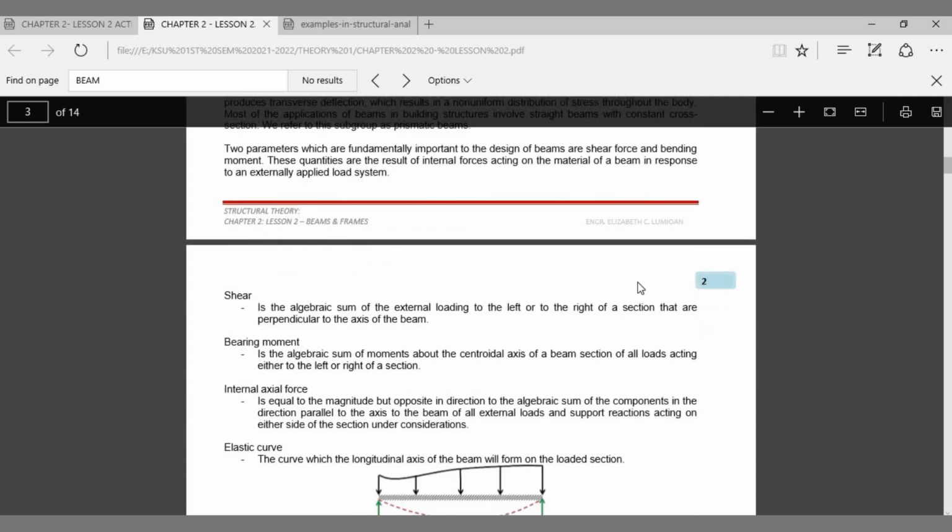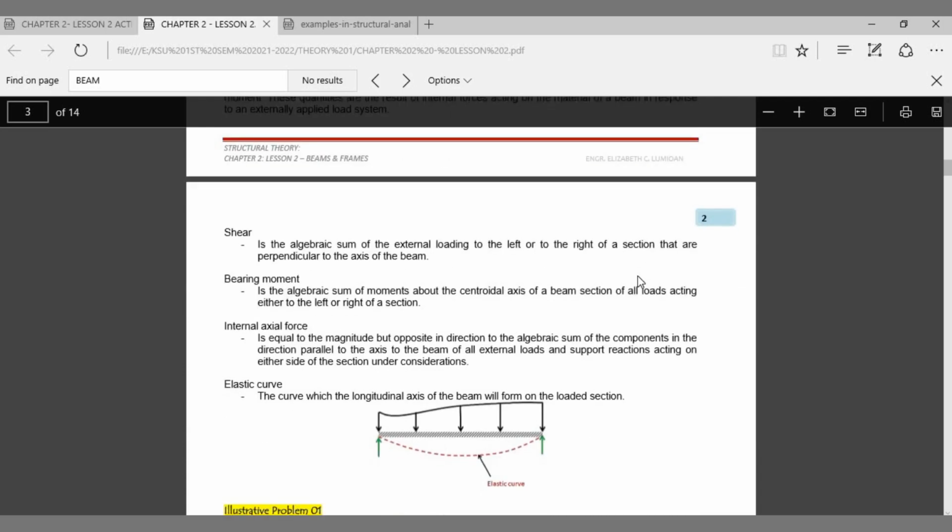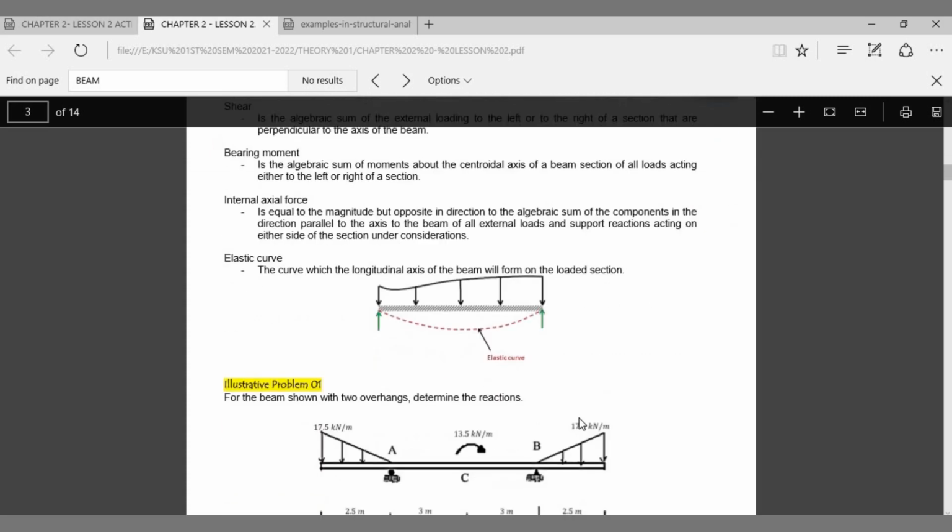Now, there are terms we are going to encounter in the analysis. We have shear, which was discussed already during your lower years, bending moment, internal axial force, and the elastic curve. This elastic curve is a diagram that shows the possible deflection of your beam.